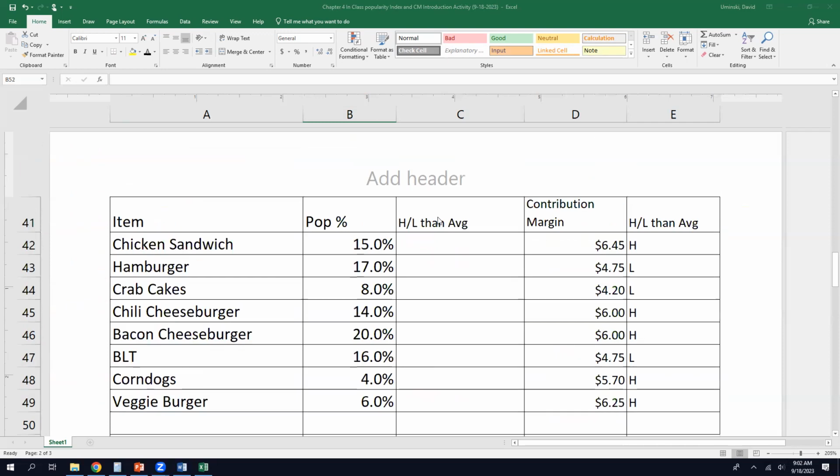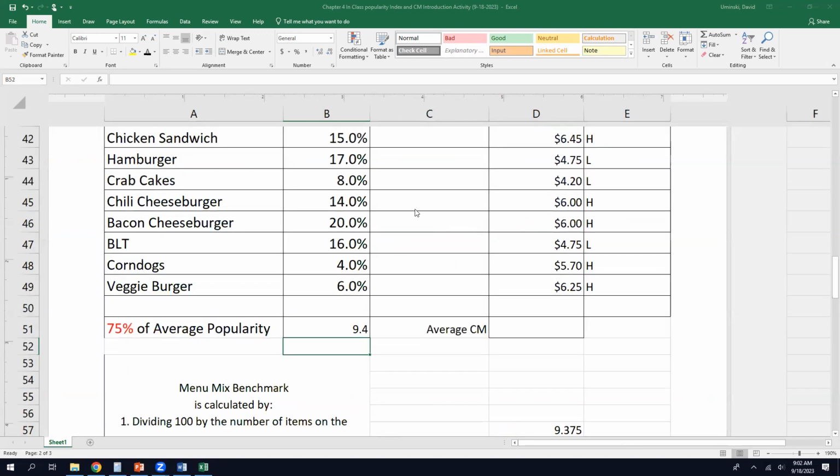So now when we come up here, we can look and see, is 15% higher or lower than 9.4? What about 17? 8? Chili cheeseburgers, bacon cheeseburgers, BLTs, corn dogs are lower, and veggie burgers are lower, okay?